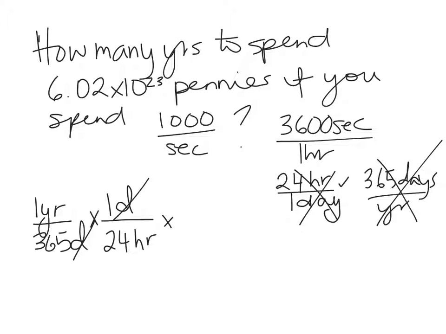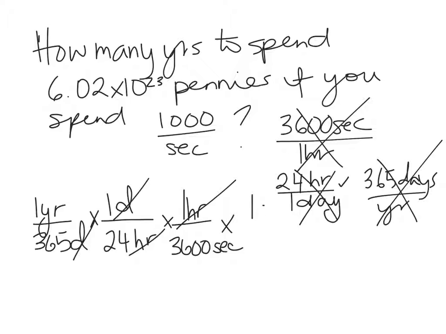But I know 1 hour has 3,600 seconds. So now I've got rid of hours and I'm down to seconds. Do I have any other ratio that's got seconds in it?